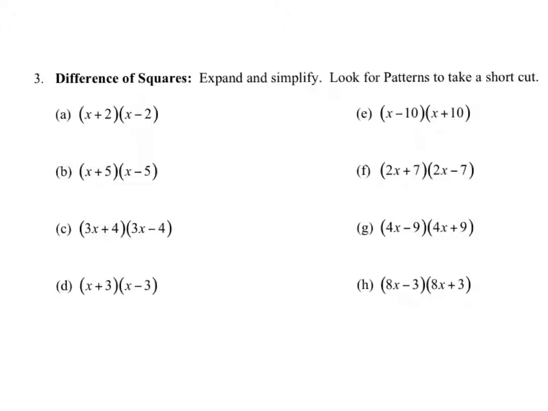So in A, again, I've got two polynomials, x plus 2 being multiplied by x minus 2. And so this is, again, like I said before, what's called factored form.